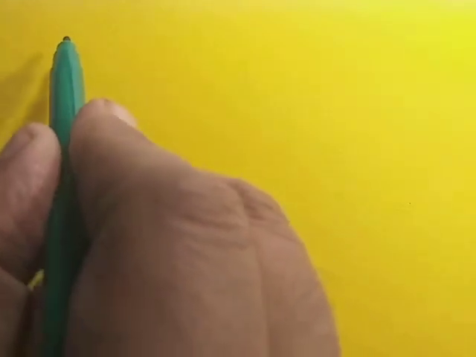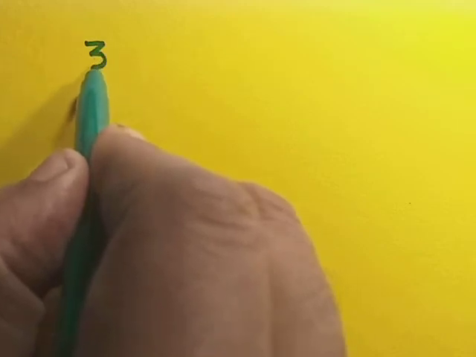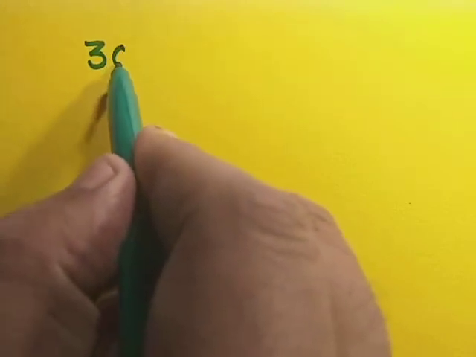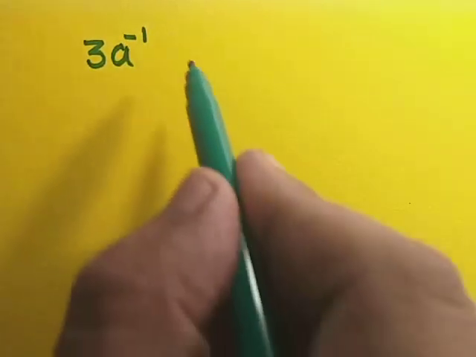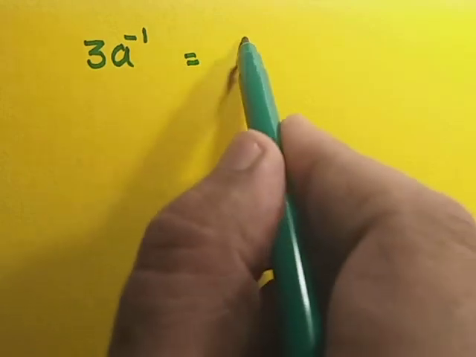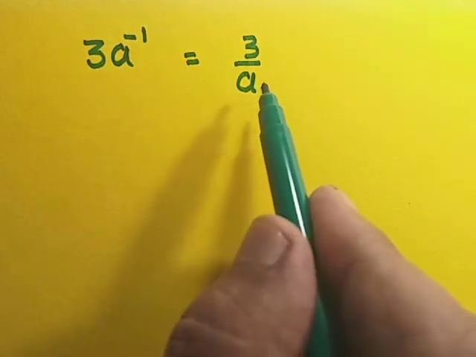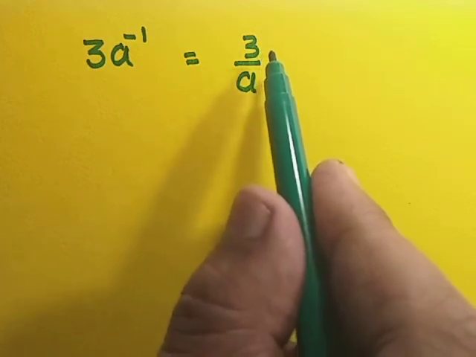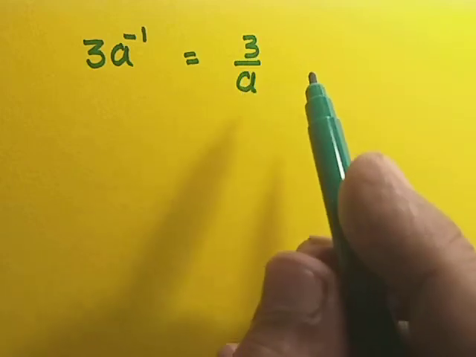Here, let us understand 3 to the power a minus 1. This can be written as 3 by a because it contains a variable and a numerical coefficient, hence we call it an algebraic expression.